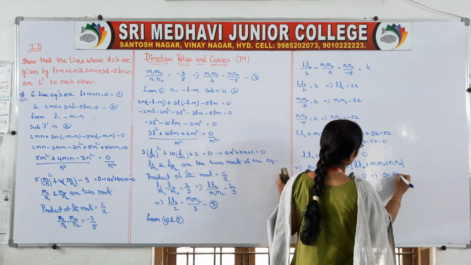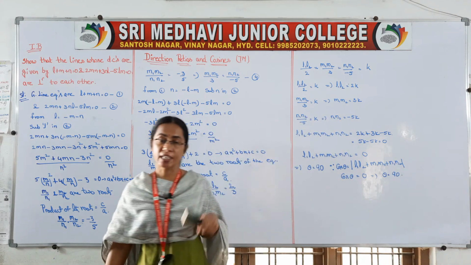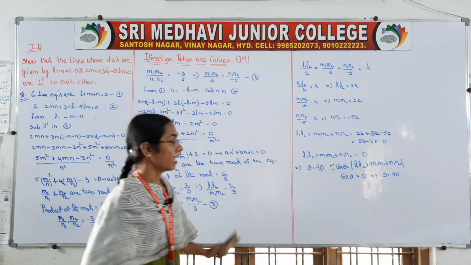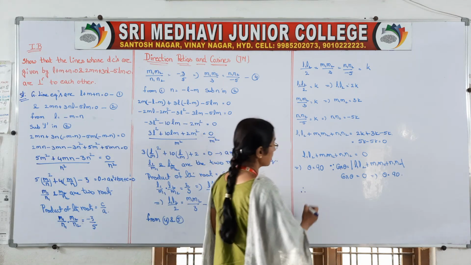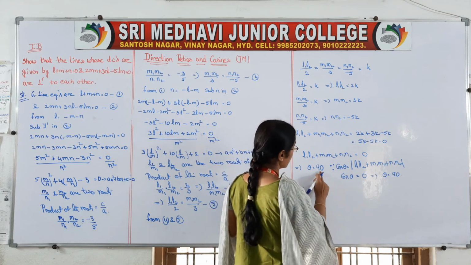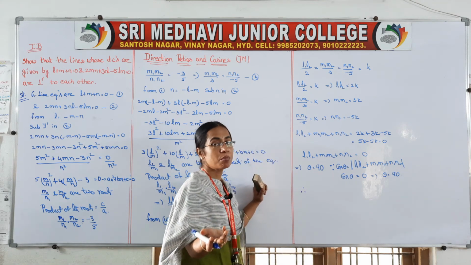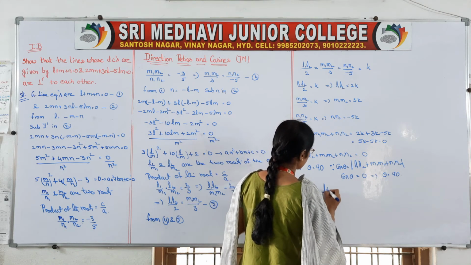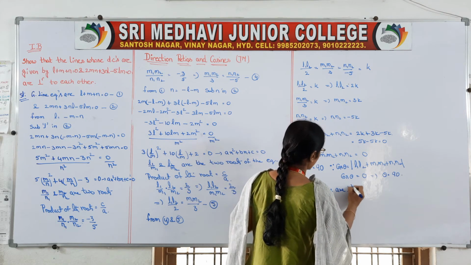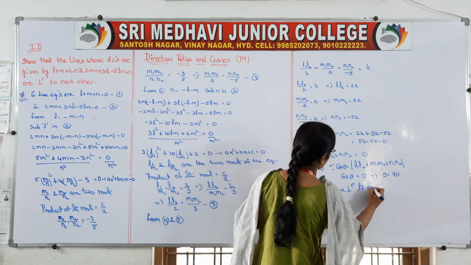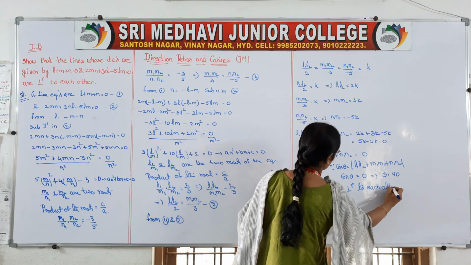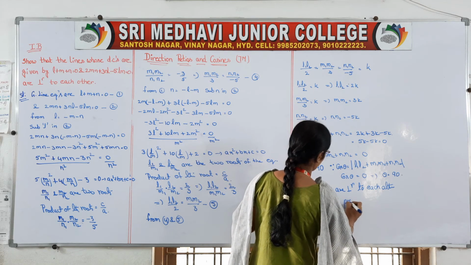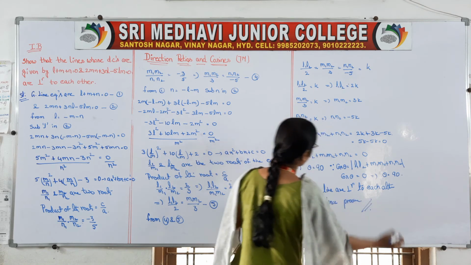Theta is equal to 90 degrees, since cos 90 is equal to 0. Therefore, the angle is 90, which means the lines are perpendicular to each other. This is the show-that problem, isn't it? So hence proved, you have to write at the end.